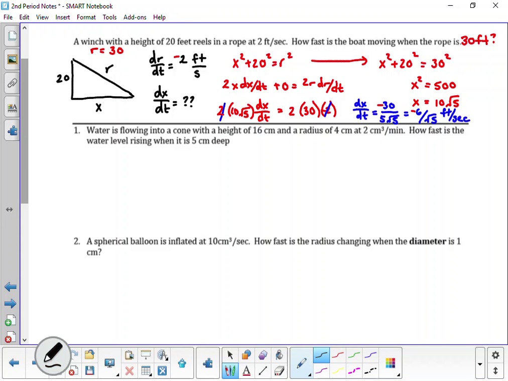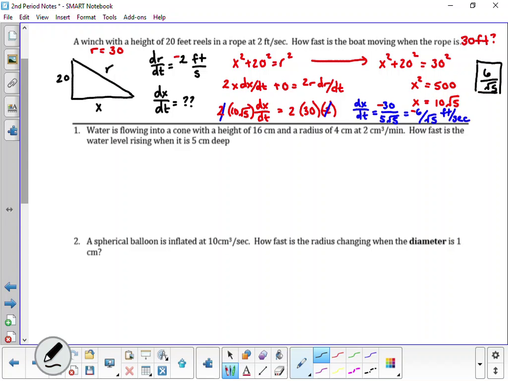We were almost there, but they were asking for speed. One negative sign away. Yes, speed is actually positive. I know, but I forgot my fundamental rule of physics. For physics, they don't really care about positive and negative.